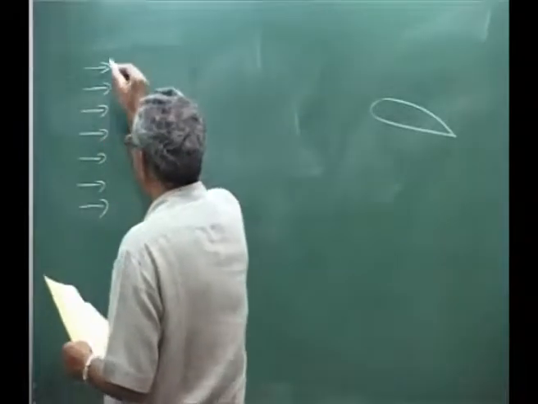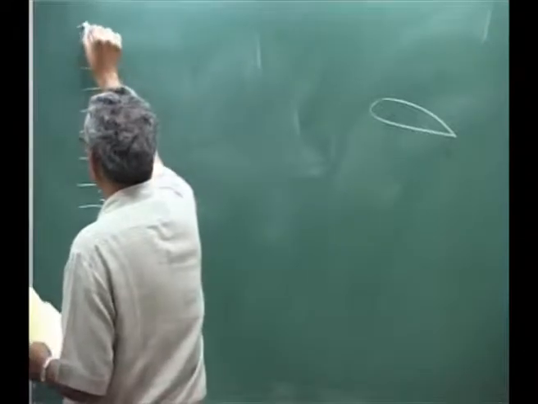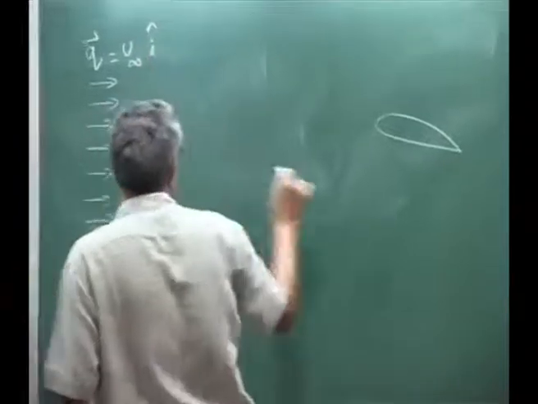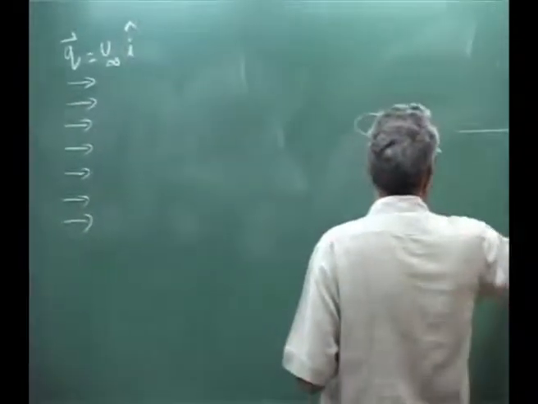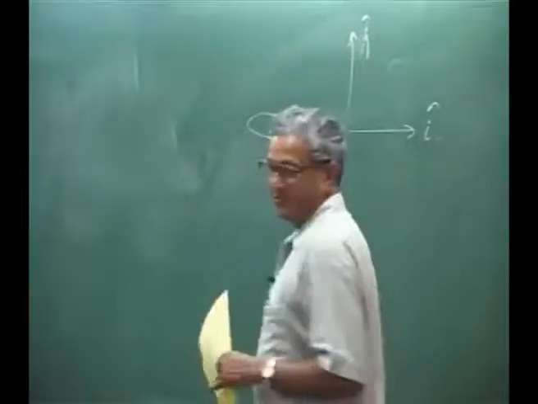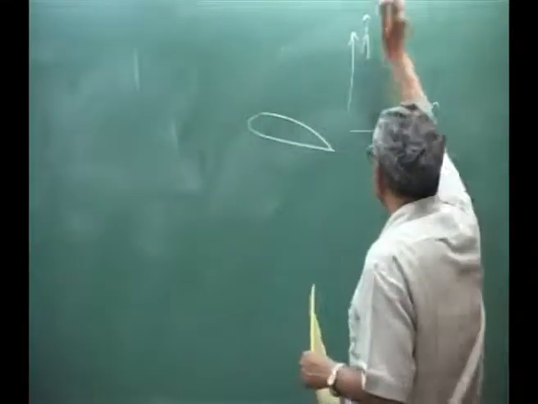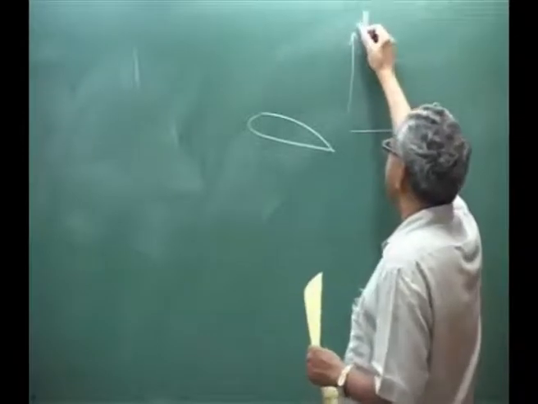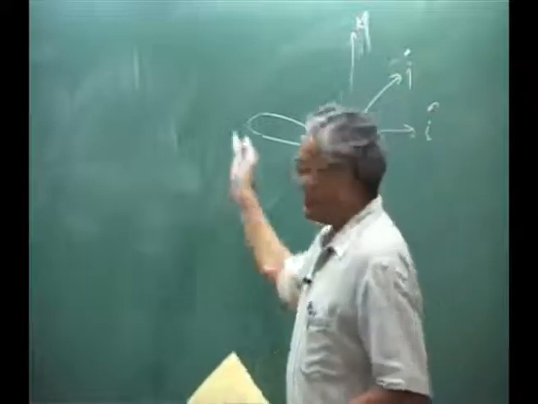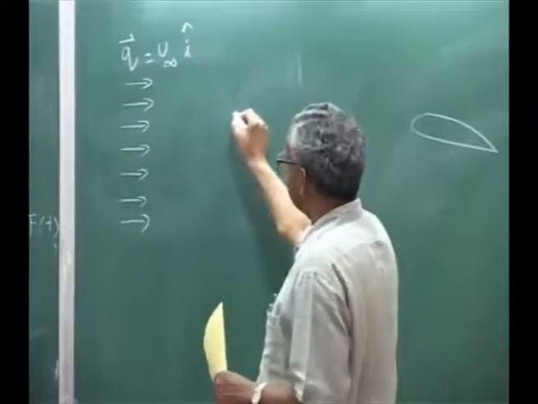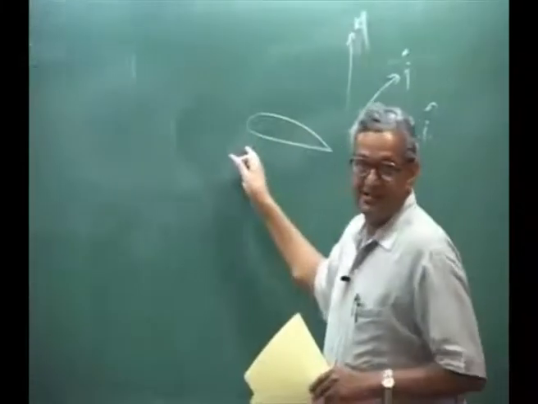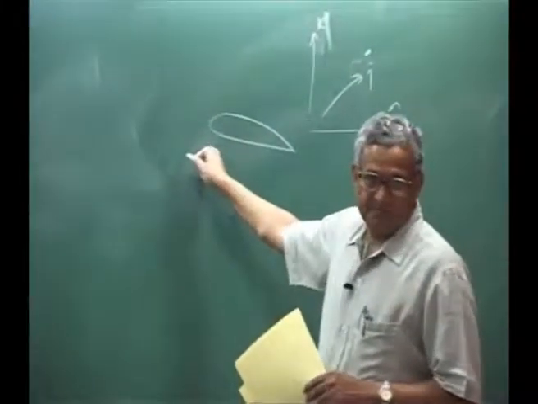Here you write, because this is my I and this is my J direction. You can have J there and K here. You can have anything you want. This can be K, this can be J. This is far away and this is minus infinity, because my I I always take it starting from the aerofoil.